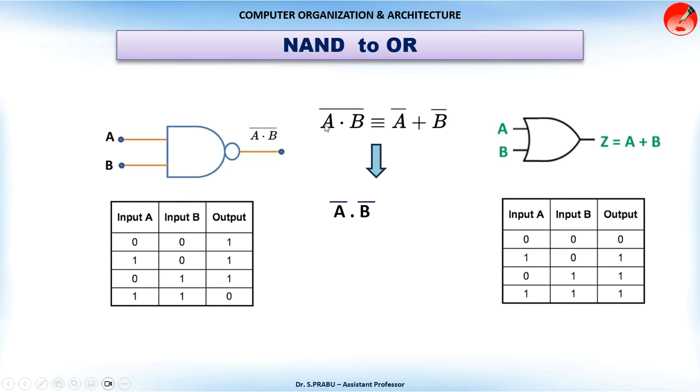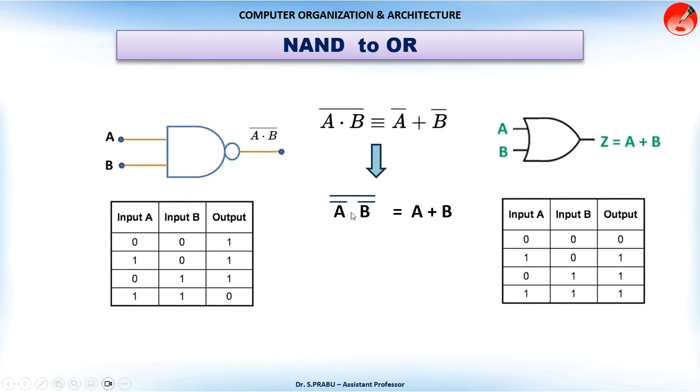So instead of giving A, first you give the A bar input, then you give the B bar input. If these two values are sent into the NAND gate, you get the result like this. You just treat A dash as X and B dash as Y. Then you get this value. Then these two bars cancel, and you get A plus B. So A plus B is the expected value.